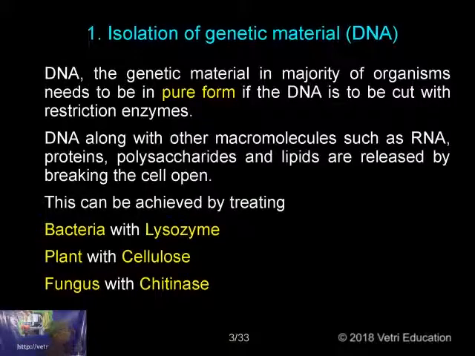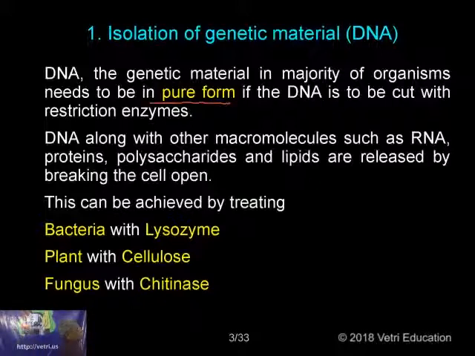Now I am going to take up one after another, as I have already told you. First one is the step on isolation of the genetic material. Okay, now how will you isolate a genetic material? The DNA, the genetic material in the majority of organisms, needs to be in pure form.